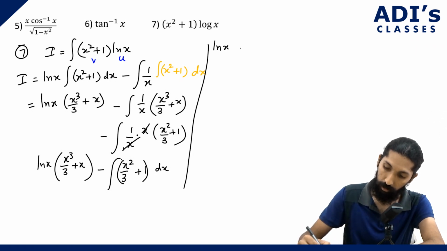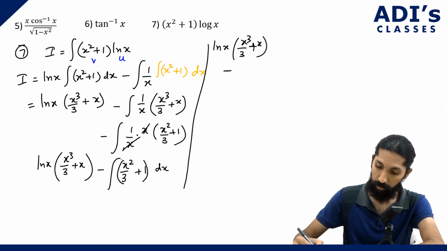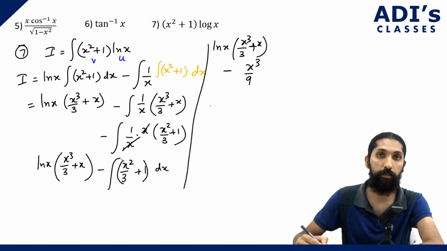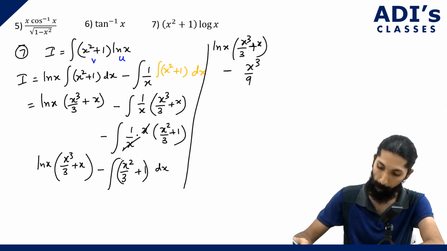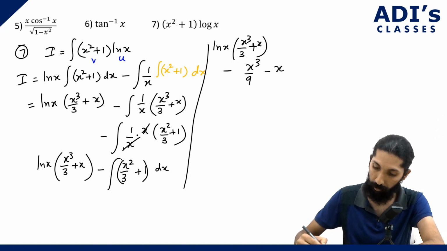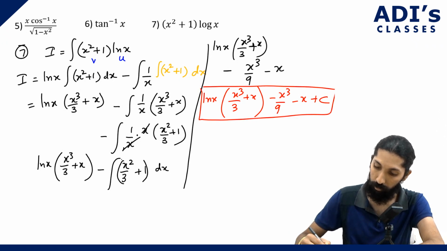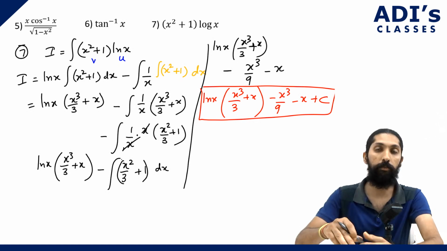Log of x into x cube by 3 plus x, the first part, then minus x square by 3 you need to integrate, which is going to become x cube by 9. That's x cube by 3 into 1 by 3 minus x, correct? So the final answer is going to become log of x into x cube by 3 plus x minus x cube by 9 minus x plus c. So this is going to be the final answer for the seventh one.